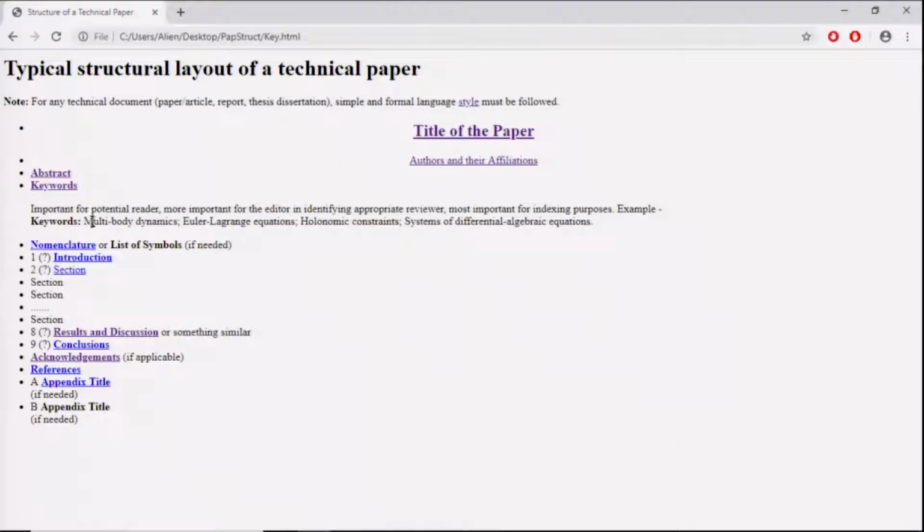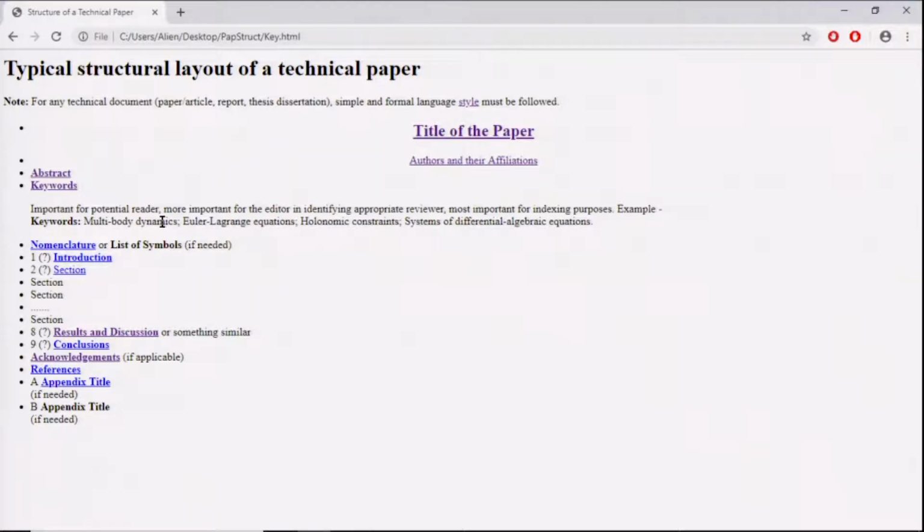Here is one example of a list of keywords for some potential paper. There are many such papers for which these are perhaps a valid set of keywords. Multi-body dynamics, and notice that this whole thing is considered one keyword. This is not 3 keywords.